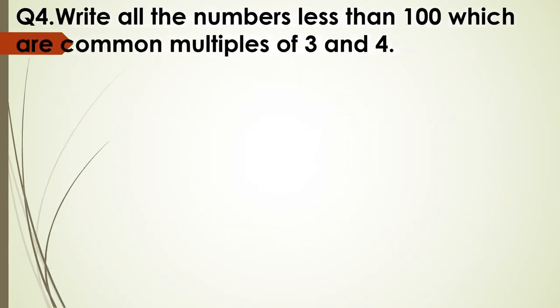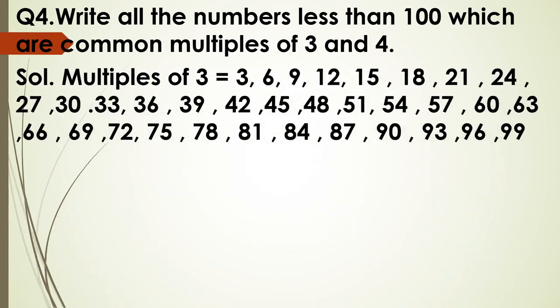Now see question number 4. Write all the numbers less than 100 which are common multiples of 3 and 4. That means you have to find out all the common multiples of 3 and 4 which are less than 100. So you have to write down multiples of 3 up to 100, which is just before 100.